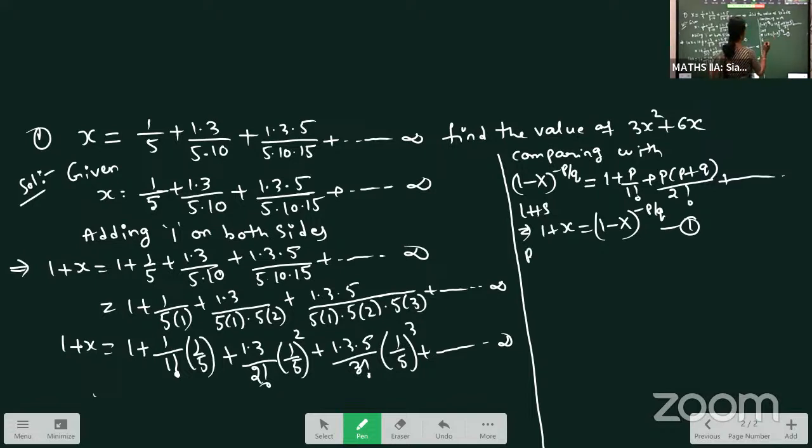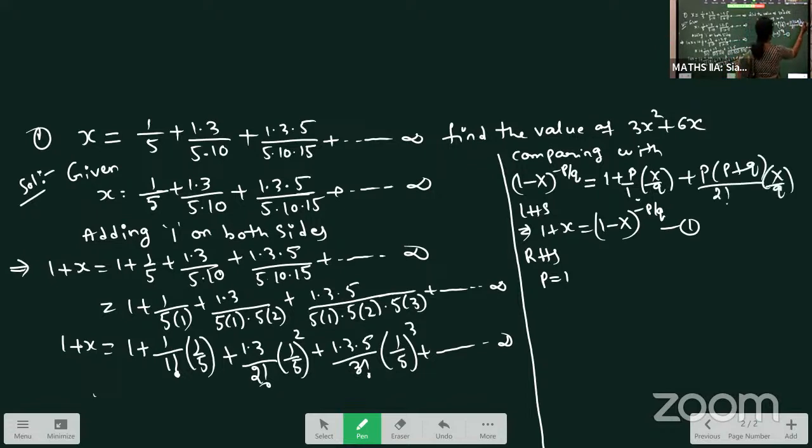Now compare the RHS. In the RHS, the first term is 1 in both. Next term, in the place of p, 1 is given, so p is equal to 1. The formula is p by 1 factorial into x by q, plus p into p plus q by 2 factorial, x by q whole square, plus so on.